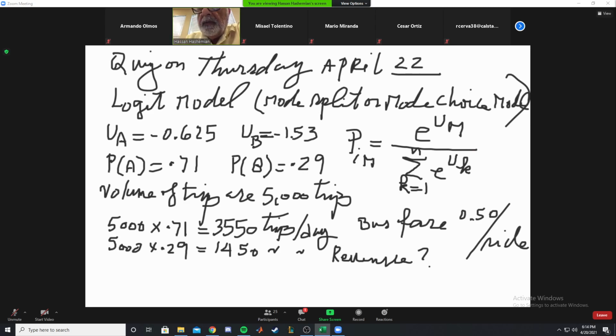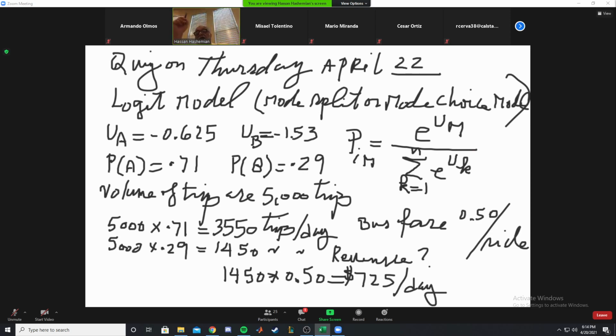We have 1,450 trips by bus times 50 cents, correct? So the revenue, that's the amount of money that the bus receives, is $725 per day, correct? Okay, so that will be the revenue. Any question on this?